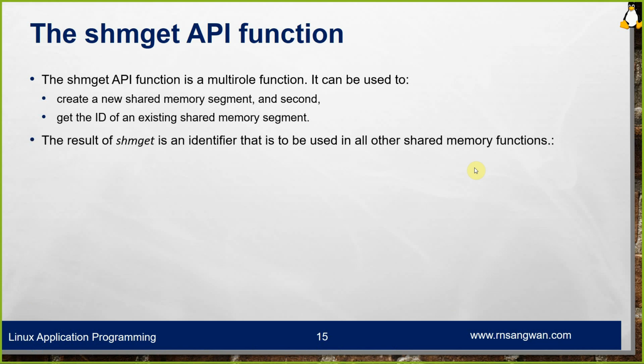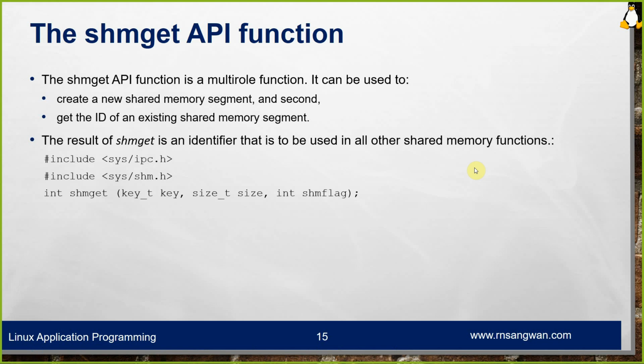The result of shmget is an identifier that is to be used in all shared memory functions from now onward after we have created it. It is just like when we create a file, we get a file identifier, and then we use that identifier for writing and reading the data from the file and opening and closing that file.